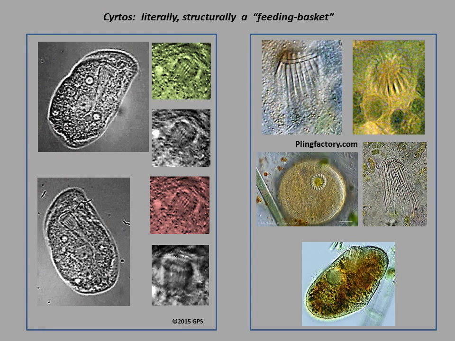And so the cytopharynx is essentially a cyrtos, or feeding basket. And once again, we point out that there may be a protrusible additional component.